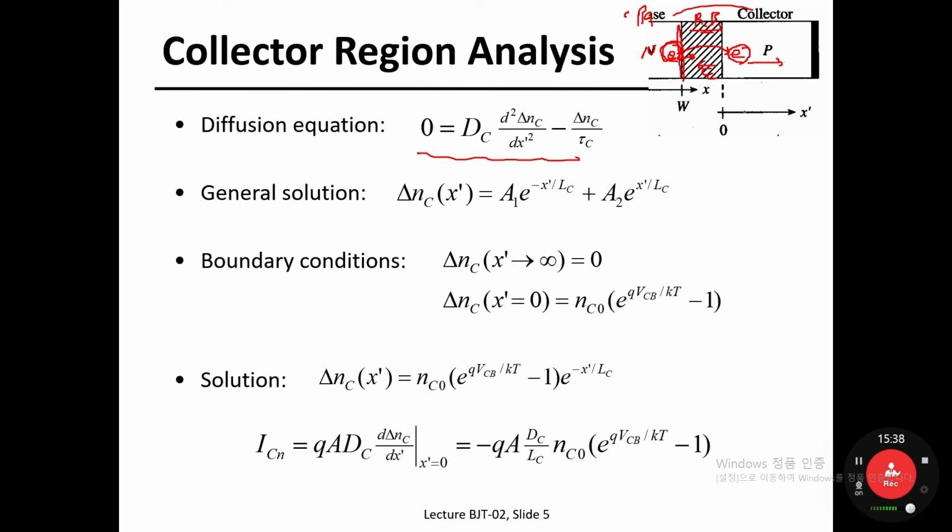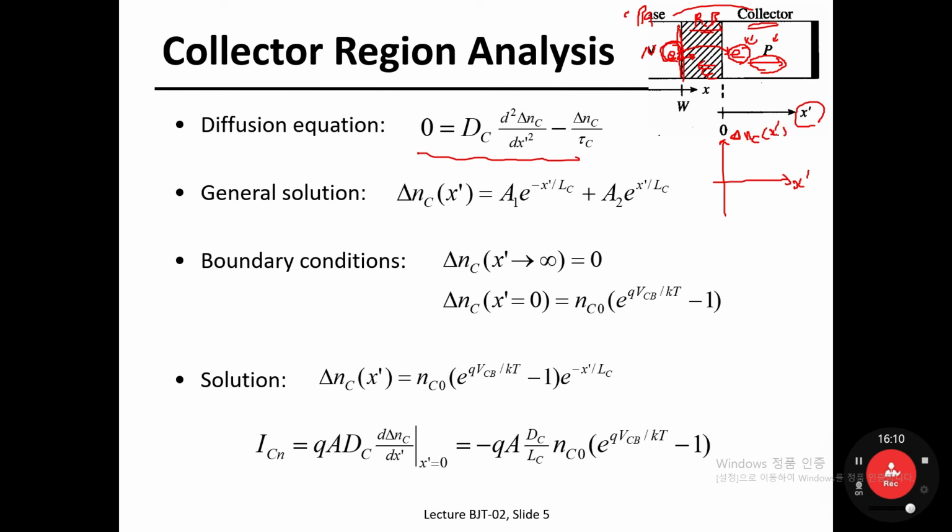So for that purpose, we have learned this. Well, definitely this new coordinate system x prime is well aligned to the diffusion direction of minority carriers in the collector region, or p-type region. So along the x direction, let's draw the axis: delta electron concentration in the collector region as a function of x prime. What is it?